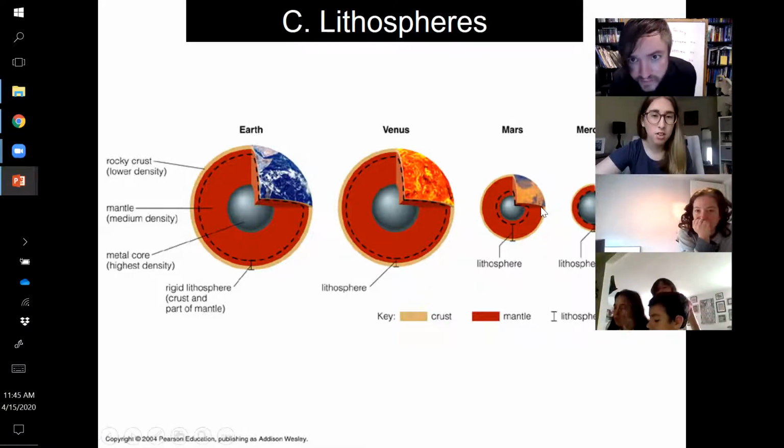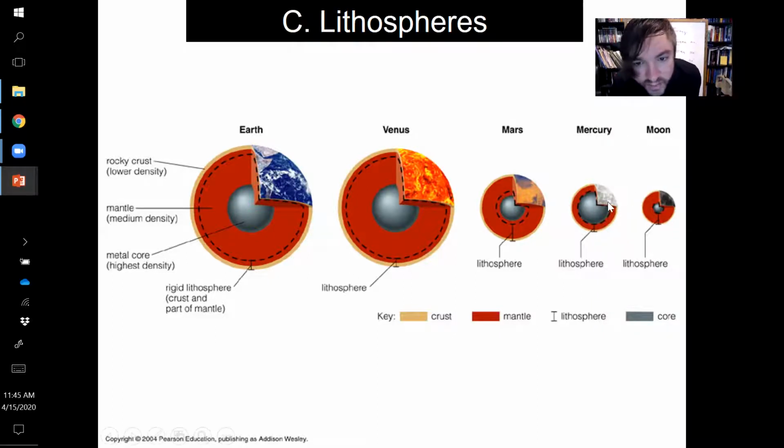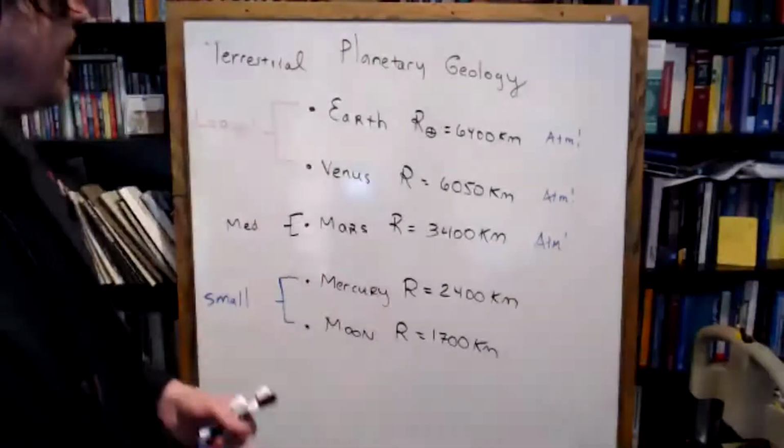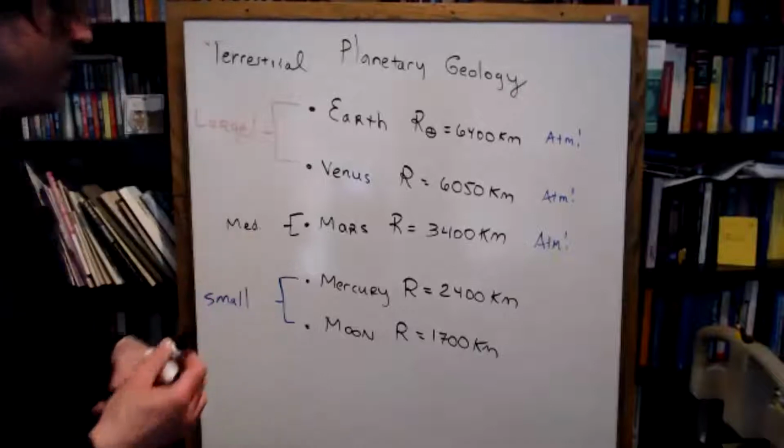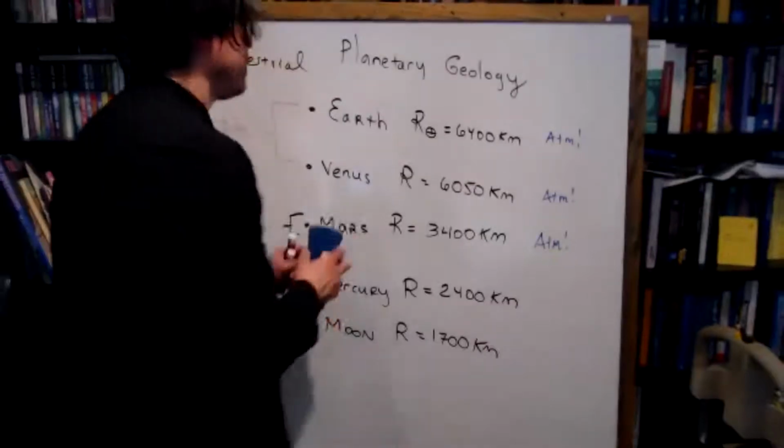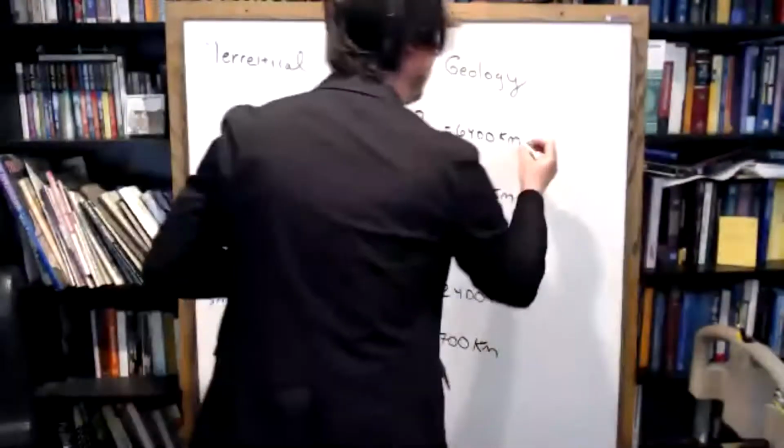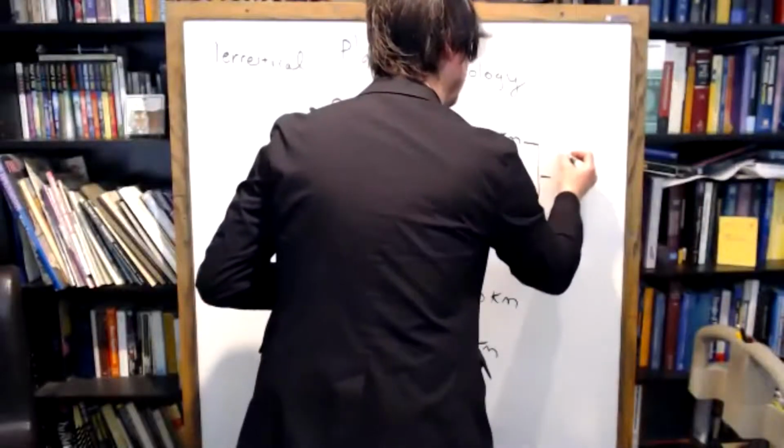Okay, so let's talk about the second and more important takeaway. Superficially, the planets all look the same in terms of crust, mantle, and core, but you'll notice that the depth of the lithosphere is not the same. Let's add some notes to this and talk about the depth of our lithosphere. We would say that Earth and Venus are examples of planets that have very thin lithospheres.